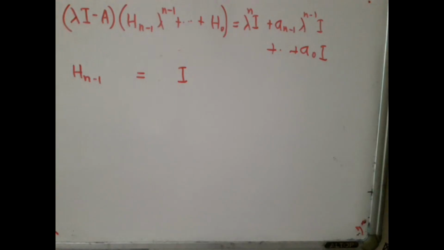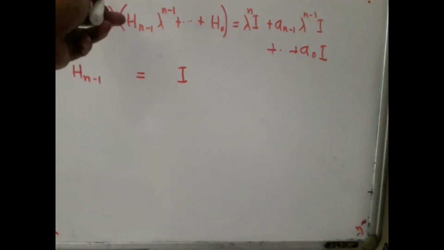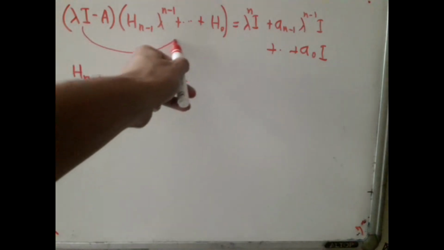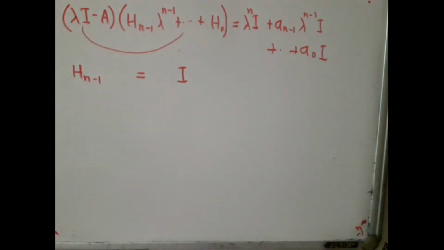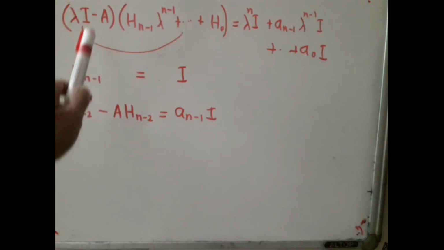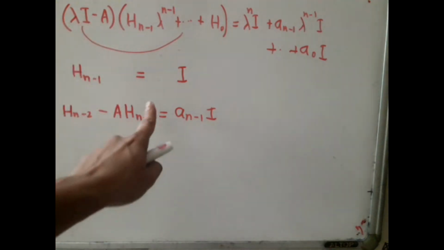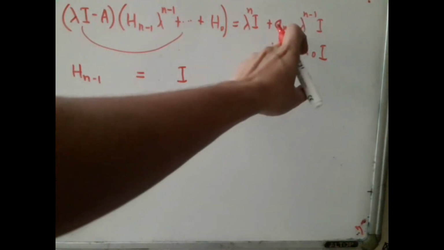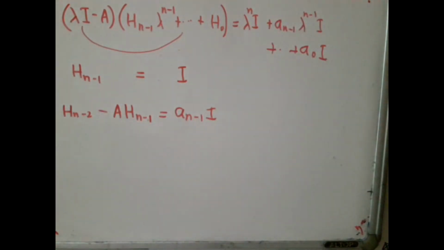Now let us see how we can get lambda to the power n minus 1. There are two ways. I can multiply lambda with H_{n-2}, or I can multiply minus A with H_{n-1}. So I will get identity times H_{n-2} minus A times H_{n-1}, and that must be equal to the coefficient of lambda to the power n minus 1 here, a_{n-1}.